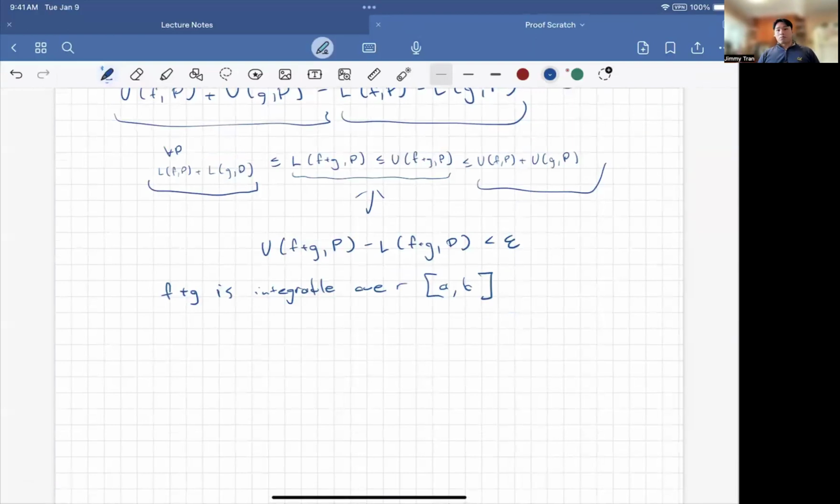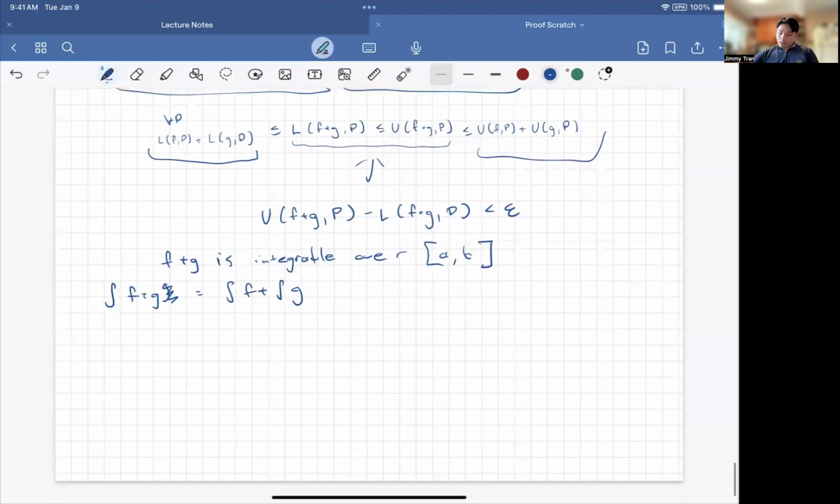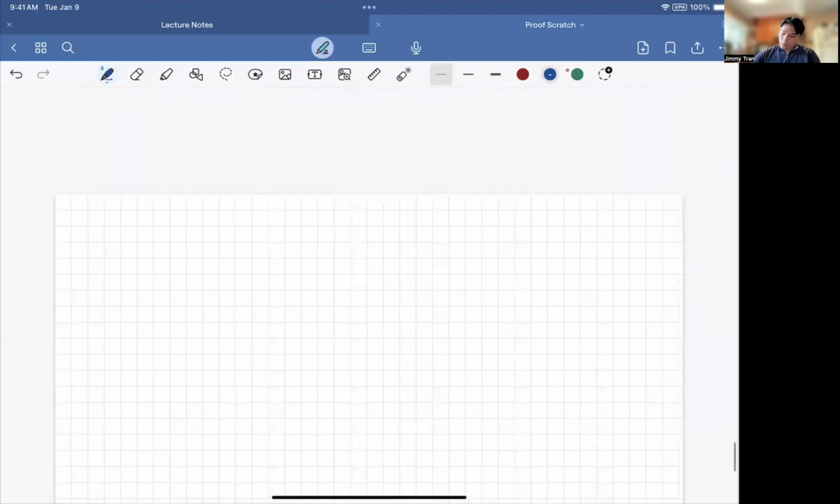But now we have to prove the second part of the proof, which is to say that the integral of f plus g is equal to the integral of f plus the integral of g here. And so to say that, since we know that f plus g is integrable, let me go to the next page.